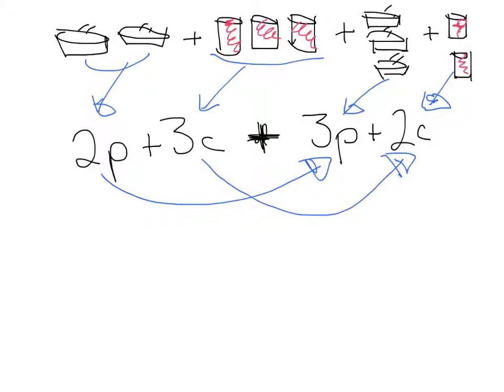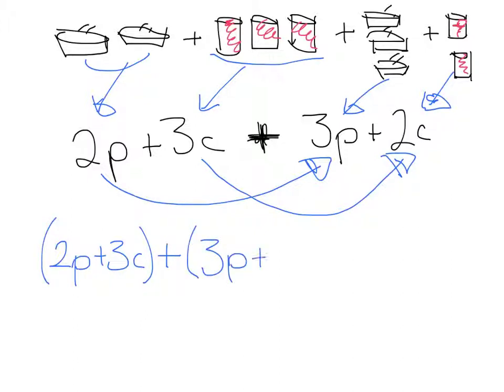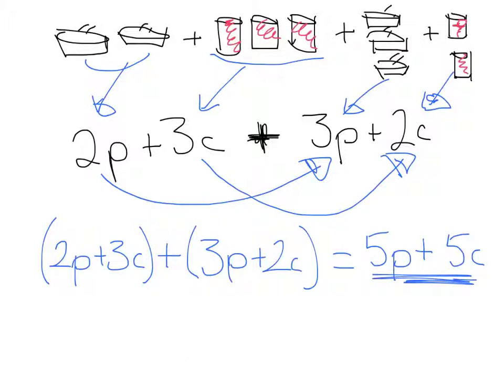So 2p plus 3c plus, and we could put a bracket here if we wanted to, just makes it look a little neater, 3p plus 2c equals, well, 2 pies and 3 pies equals 5 pies plus 5 Cokes. Simple. That looks really, really complex, doesn't it? It looks like we've achieved something a whole lot more powerful than what we're actually doing.